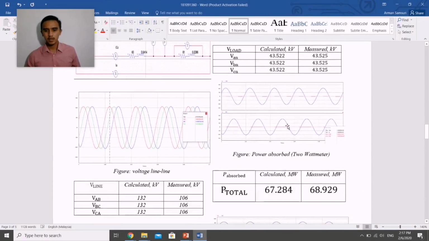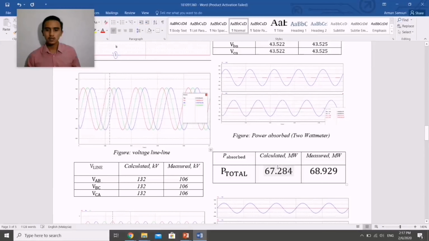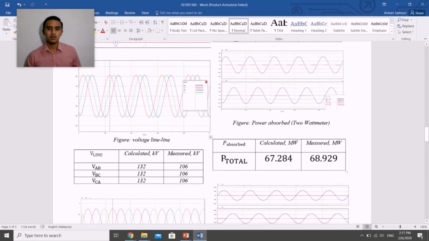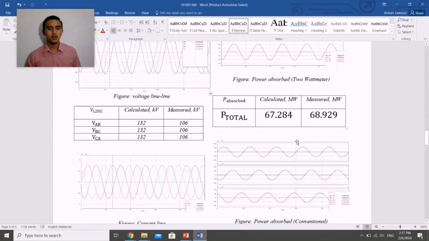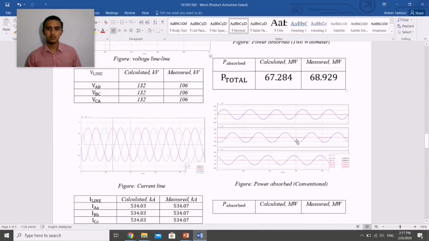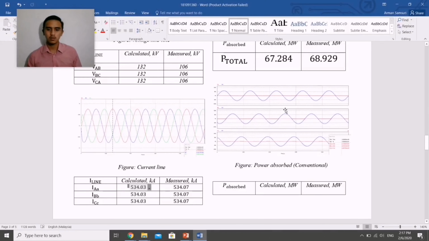So next, for the power absorbed, which is the 2 wattmeter method, I got 68.929 megawatt, compared to the calculated value, which is 67.284 megawatt. Still it's near, but it's not close enough.